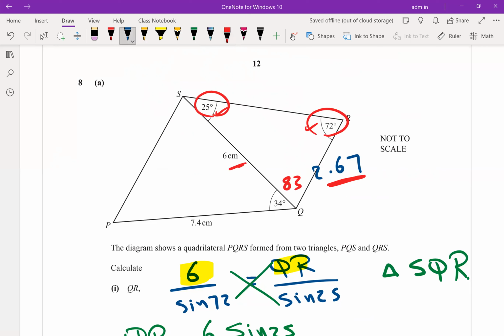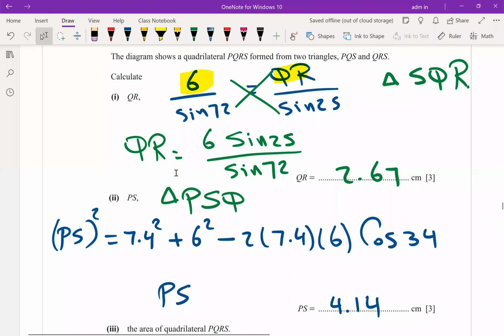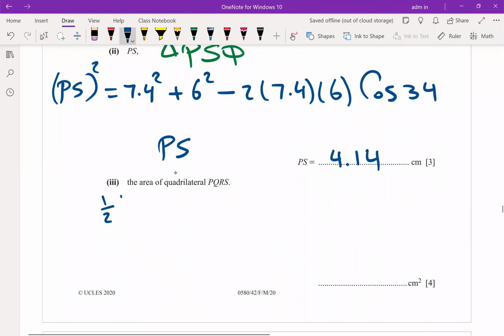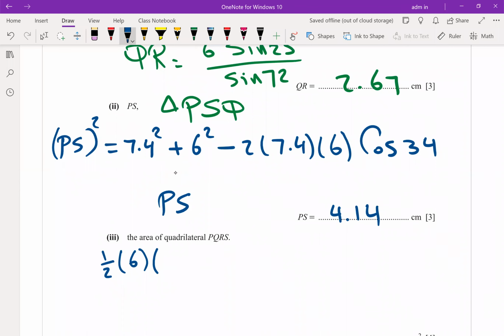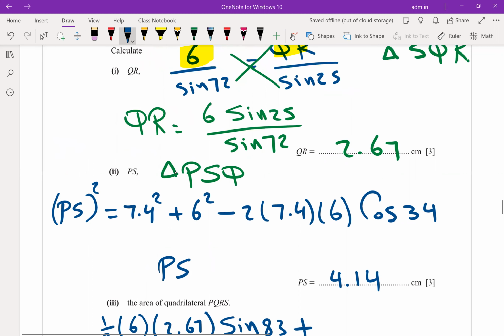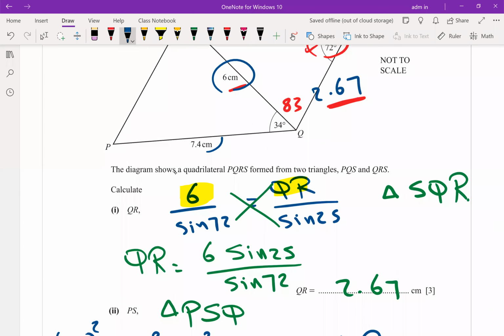So the area of this triangle is half a b sine C, half the product of any two sides multiplied by sine of the angle included. So the first part is half multiplied by 6 multiplied by 2.67 multiplied by sine 83, plus the area of the second triangle, half a b sine C, already angle included given.